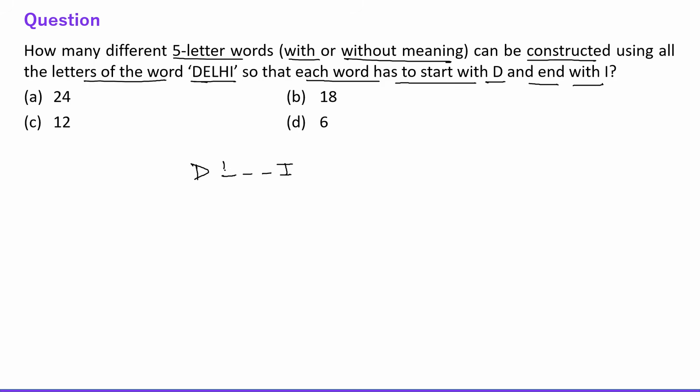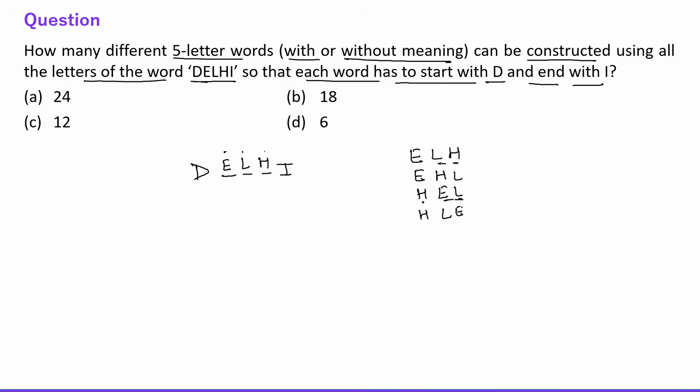Next, we can only change these 3 characters, E, L, H. Just go alphabetically. Start with E. L and H can swap their positions, so HL. Then start with H.